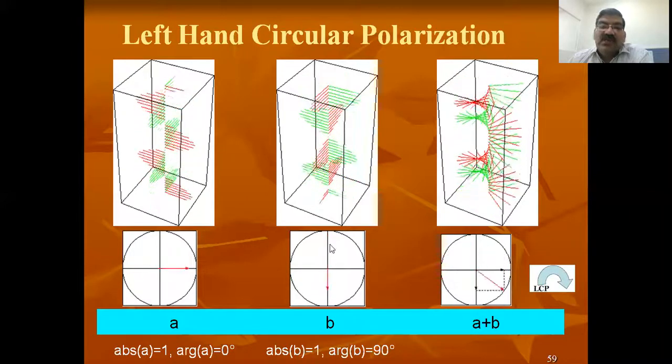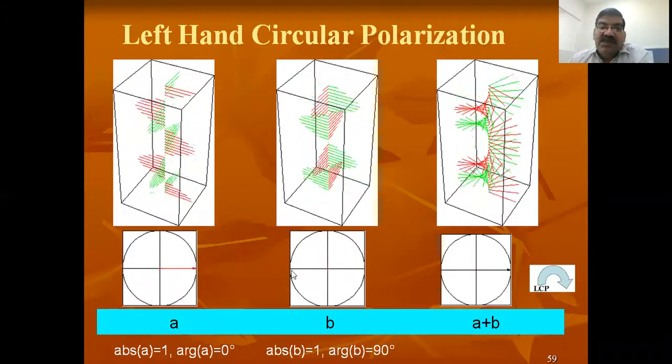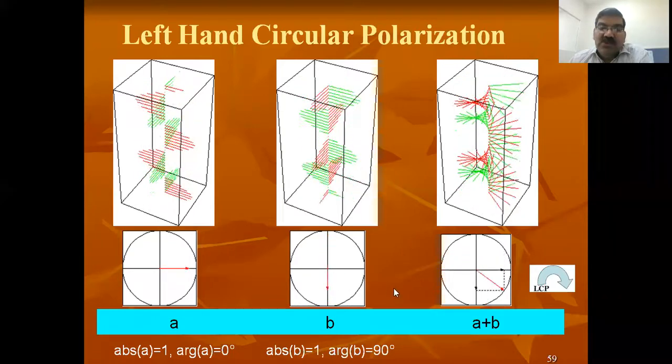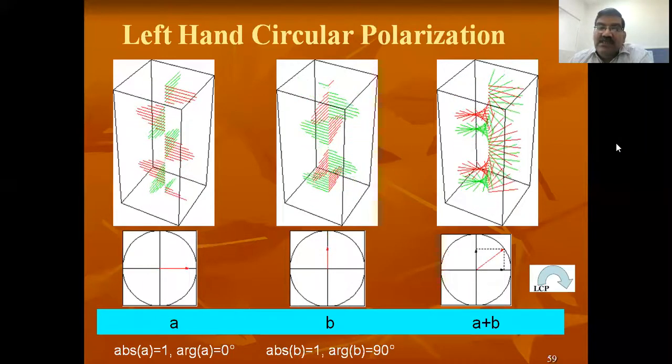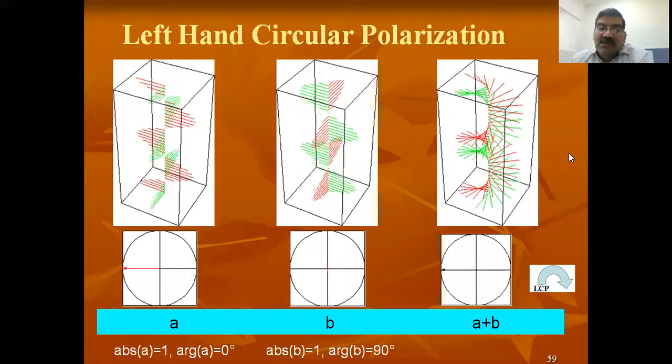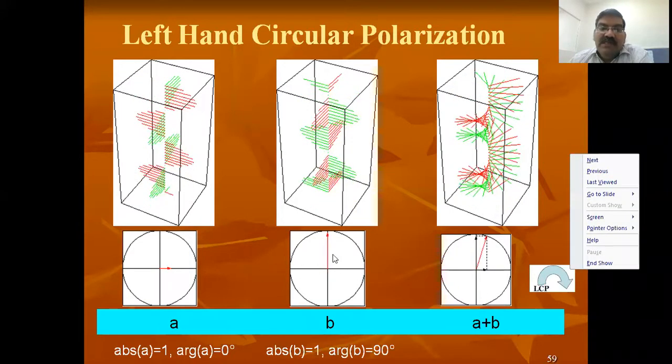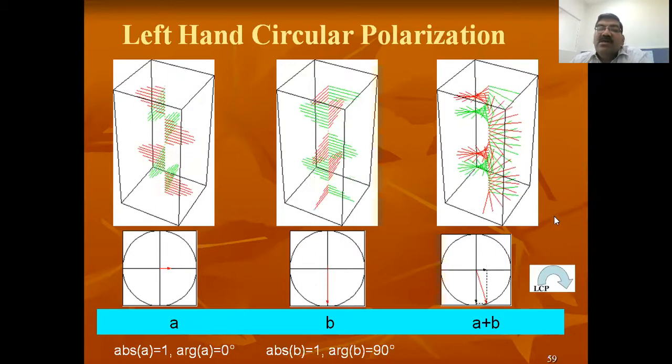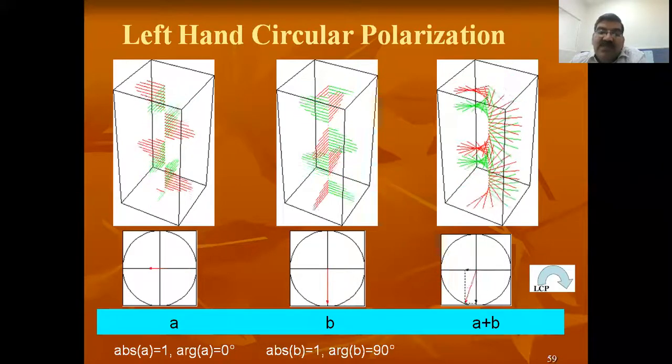As compared to the linear component, horizontal or vertical, this is the addition of these two. If this vertical component takes this horizontal, this is the resultant component. By adding these two, it is circular polarization. If the angle between these two is 90 degrees, then it is left-handed circular polarization.